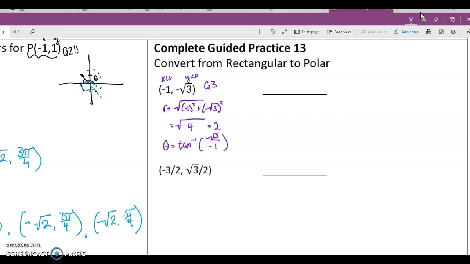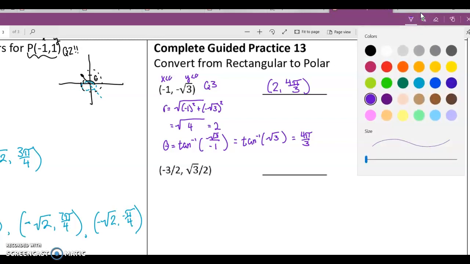So we are looking for our angle that has a tangent value of positive square root of 3 that's in quadrant 3. So that happens to be at the angle 4 pi over 3. So my polar point would be 2 comma 4 pi over 3.